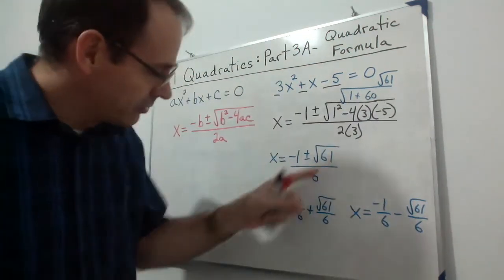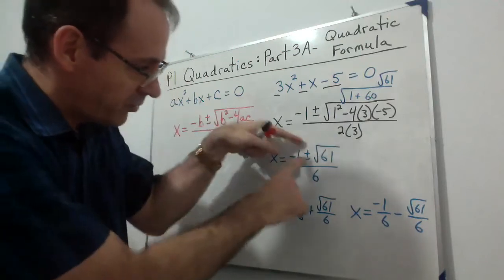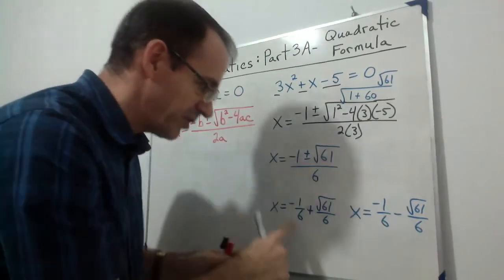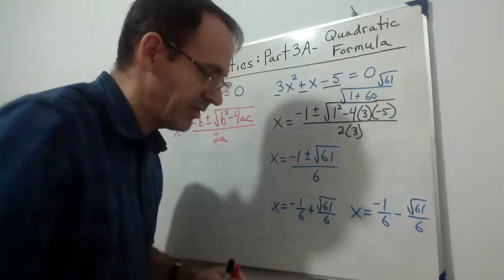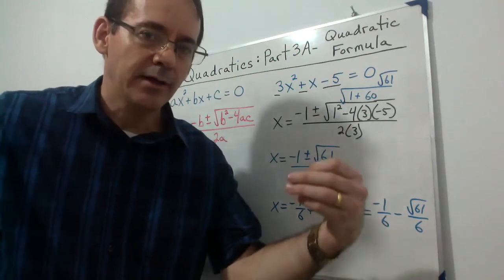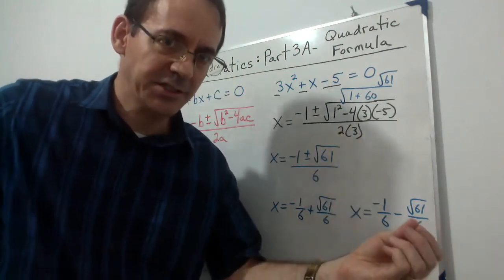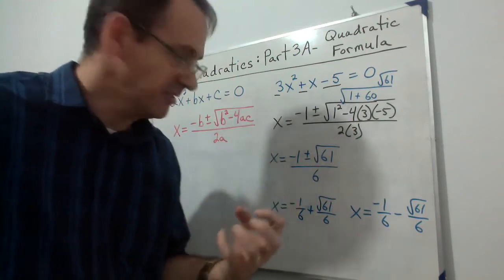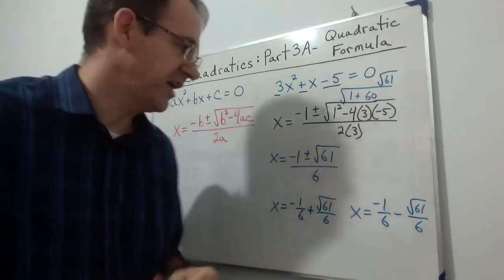So whether you leave it together, whether you separate out the plus or minus separately, and whether or not you distribute the denominator to the sides, really depends on how you're supposed to answer the question. If you're to leave it in exact answer, it means you can't convert it to decimal.